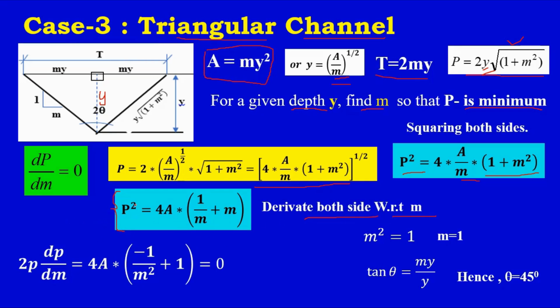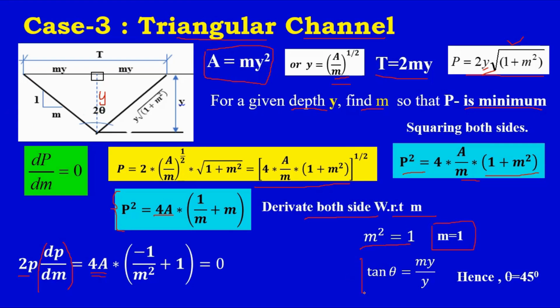If you derivate, this is 2p times dp by dm equal to, this is a constant, 4a, then 1 over m derivate, negative 1 over m square plus 1, equal to 0. So from this, you can solve this equation, which is m square will be 1. Once you get m square equal to 1, then m will be 1. So the side slope should be 1 to 1.